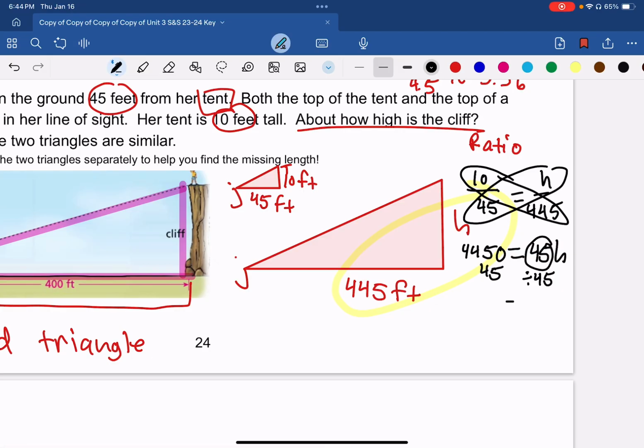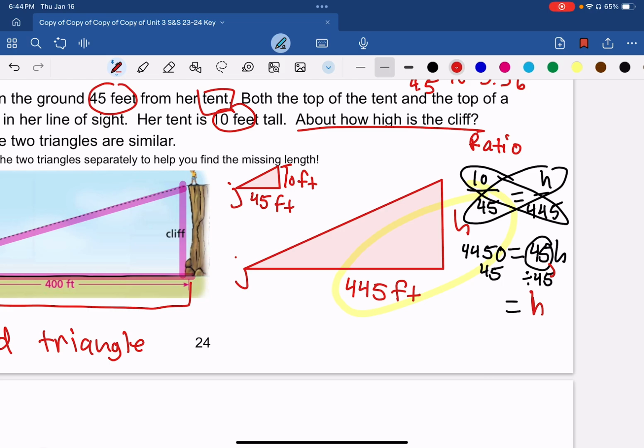All right, those of you who are curious why I keep showing that I'm dividing that right, 45, because 45 divided by 45 is 1. So that I have 1h. That's just h, right? That means on the left-hand side, I have 4450 divided by 45.